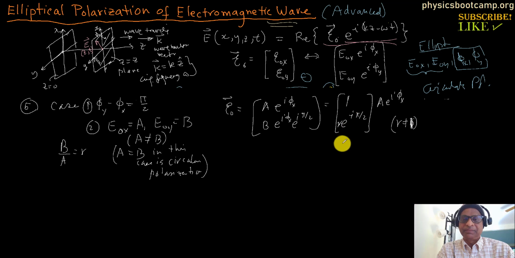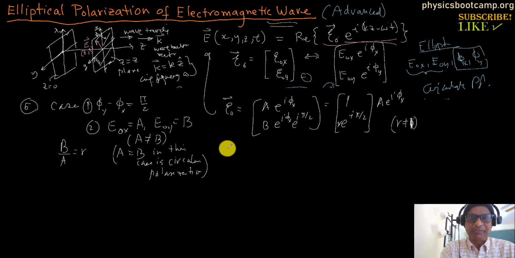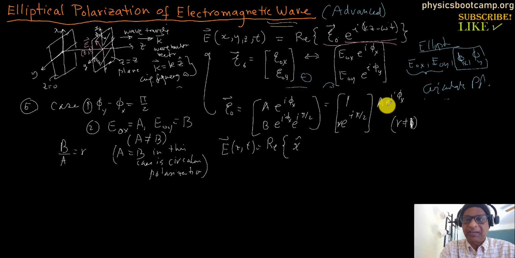r is not 1. So when we plug in there, what does the electric field look like? The electric field at z, t, for this will be the real part of x hat, and this is common, so I don't include that.